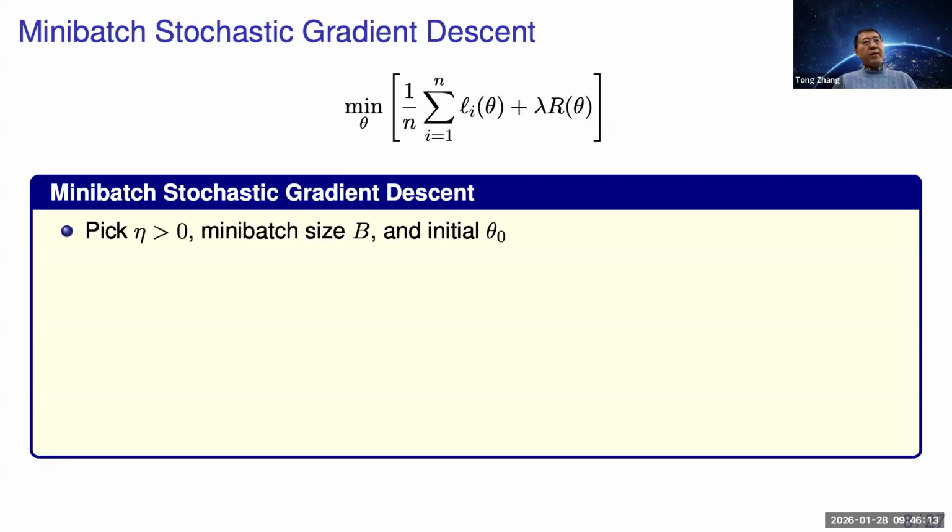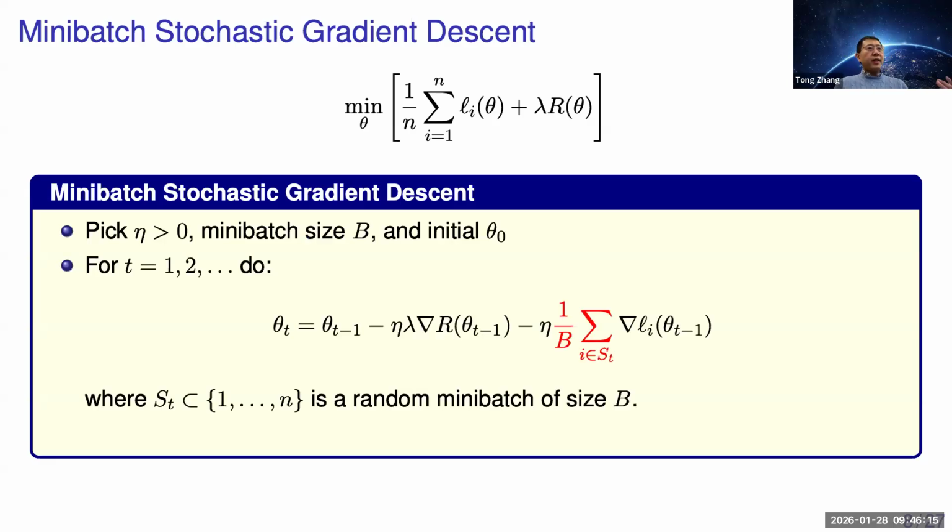Instead of looking at one data point at a time, you look at a set, a so-called mini batch. The way I've written it here is just randomly selecting a batch of size B from your training data. In reality, it's a random permutation, which you truncate into chunks of batch size B. There's an issue about the last batch: if the number of data n cannot be divided by B, what happens?